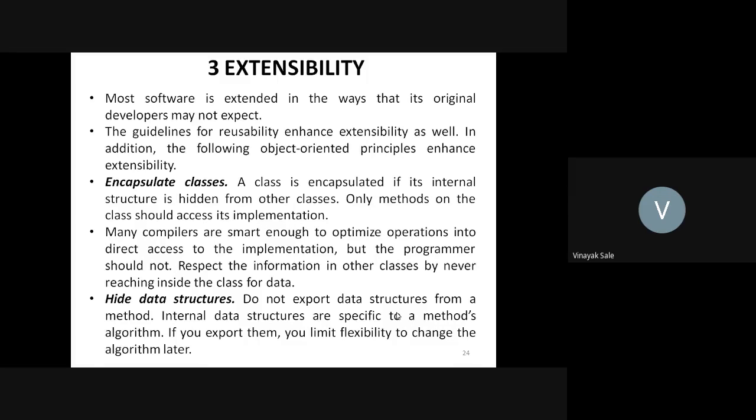Hide data structures. Do not export a data structure from a method. Internal data structures are specific to a method's algorithm. If you export them, you limit flexibility to change the algorithm later.